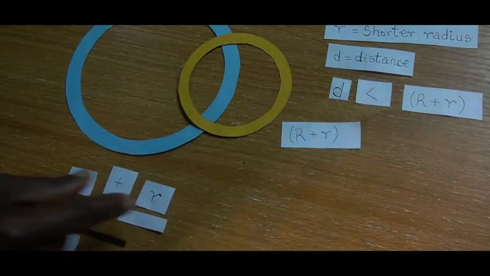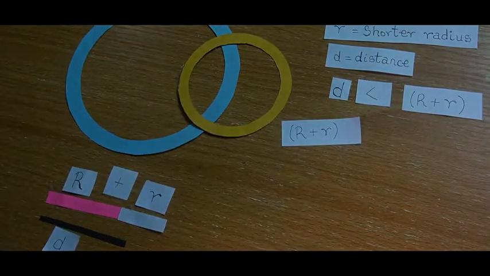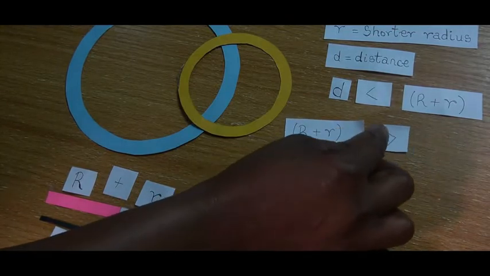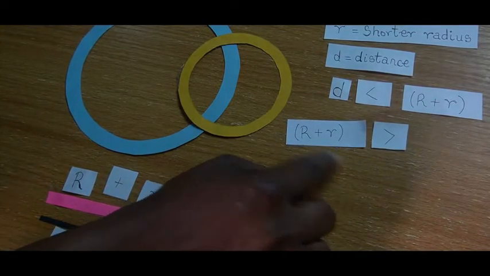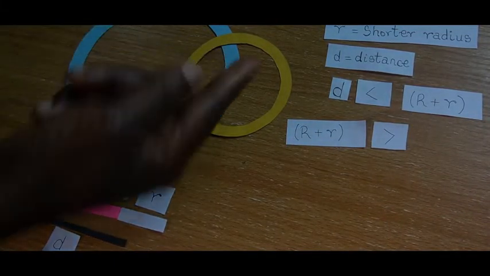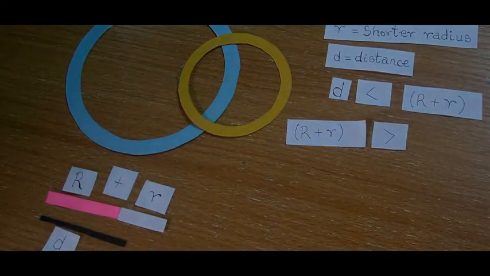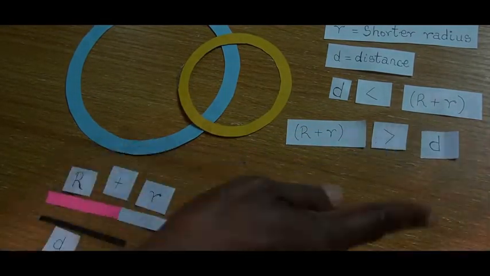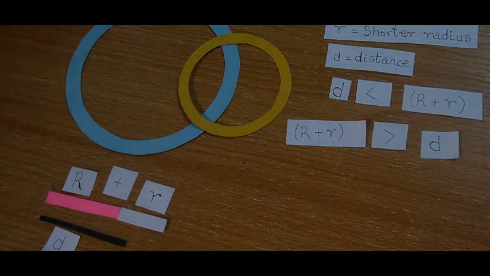So if I make this my first term of comparison, I'll say that the sum of the radii of the bigger circle and the smaller circle is greater than the distance between the circles when the circles are intersecting or secant. Okay?